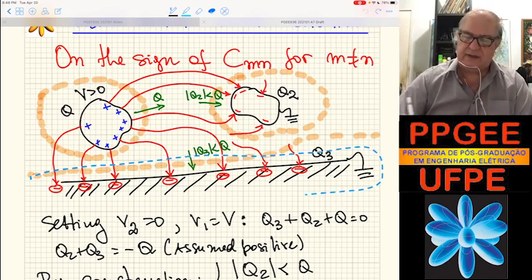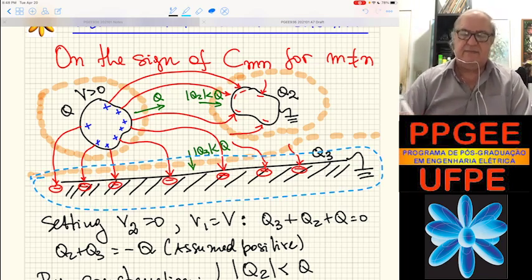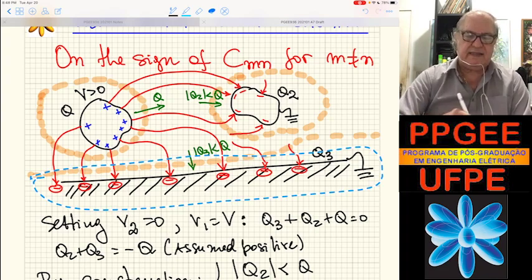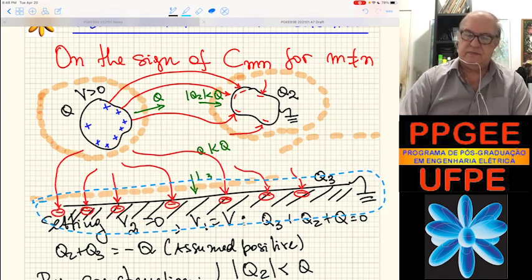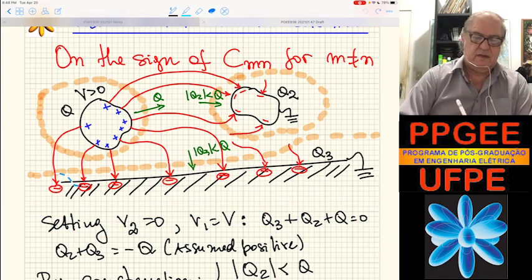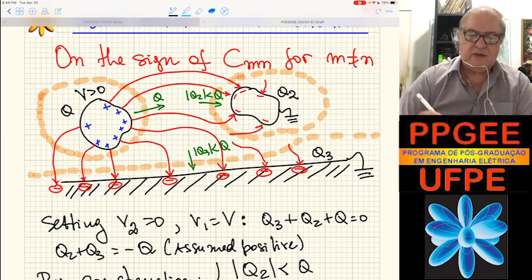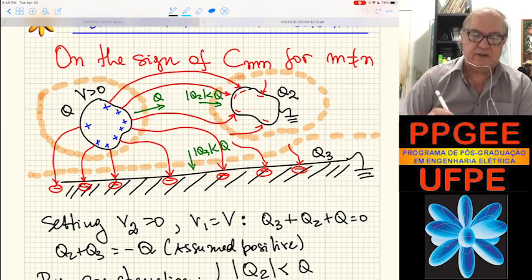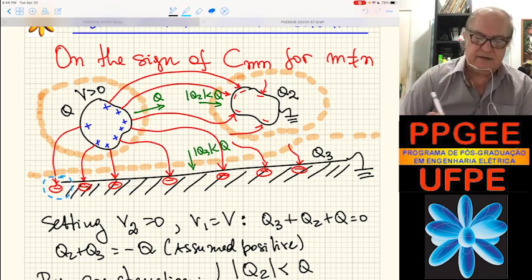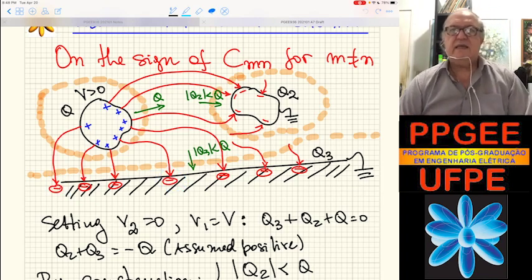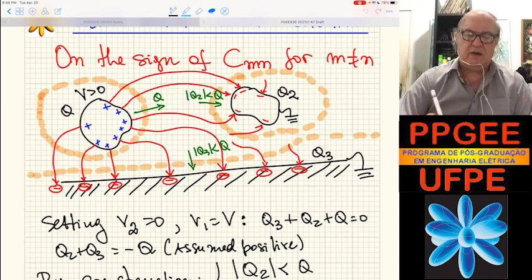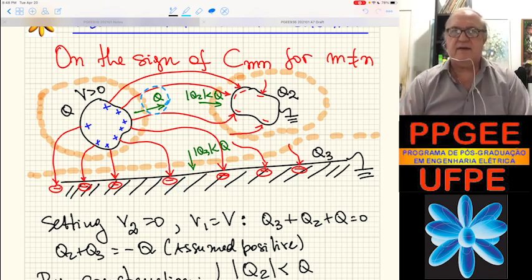I can make a Gaussian surface here and calculate the amount of charge that is induced on the surface. So it's clear from the construction that the amount of charge on either electrode is going to be smaller in magnitude than the total charge Q, just by Gauss's law, right?